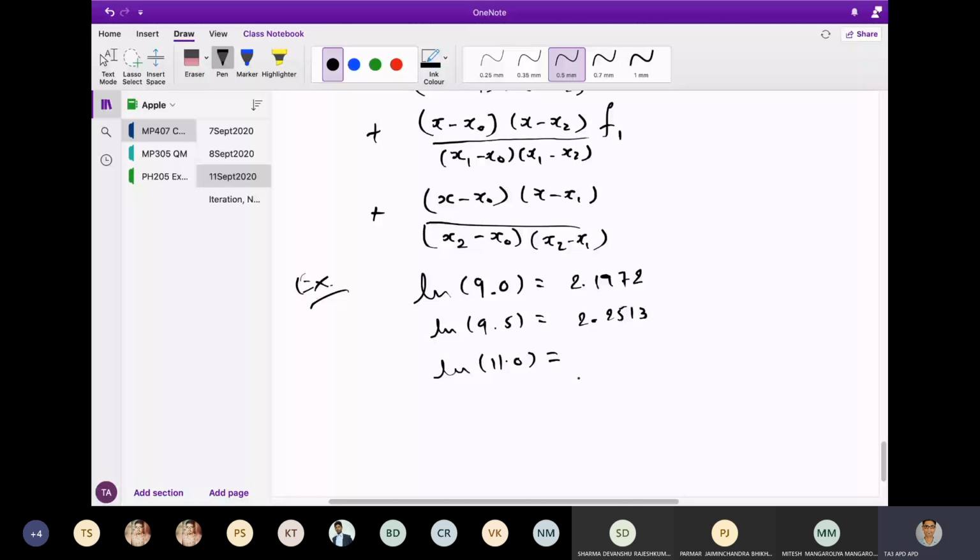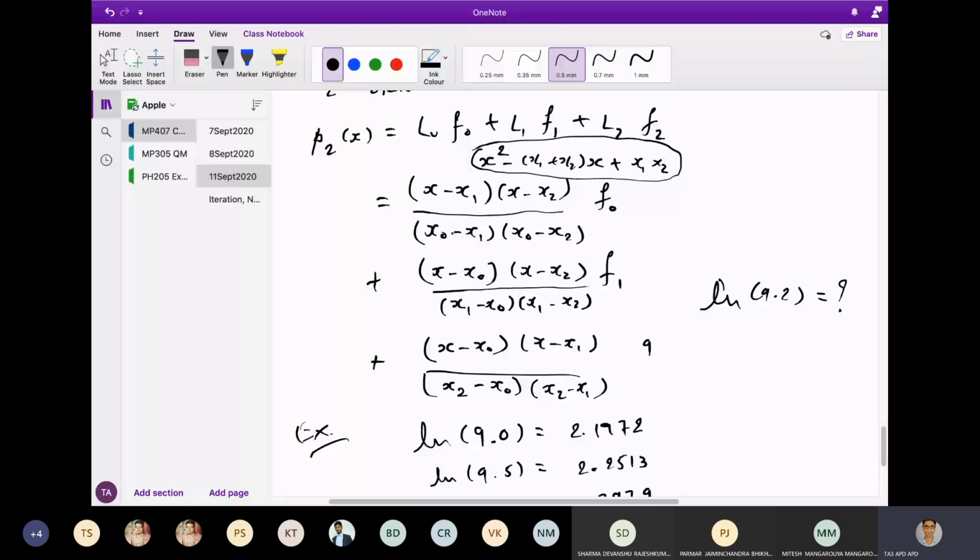So you have these three data points, and you want to find ln of 9.2 by taking the second order polynomial of Lagrange interpolation.